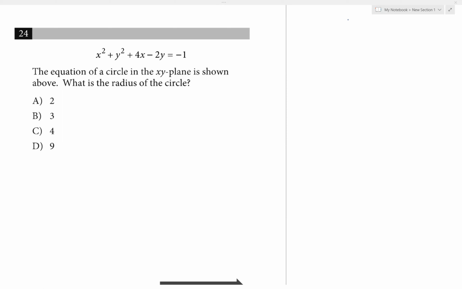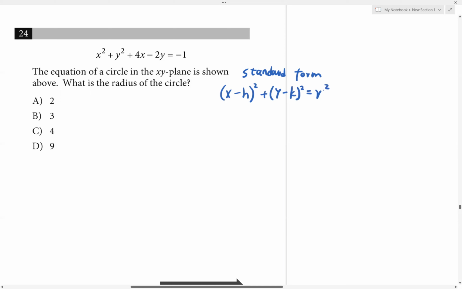So what we need to do is first try to convert it into the standard form of the equation of a circle. So the standard form, let me write it over here. The equation of a circle is (x minus h) squared plus (y minus k) squared equal to r squared.